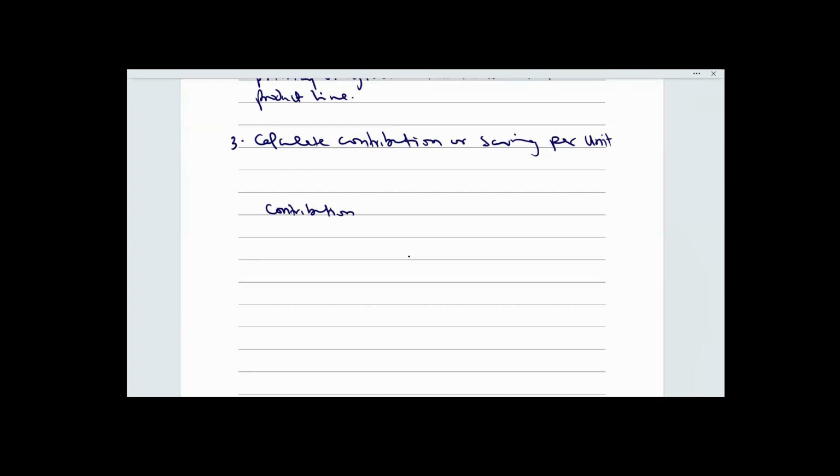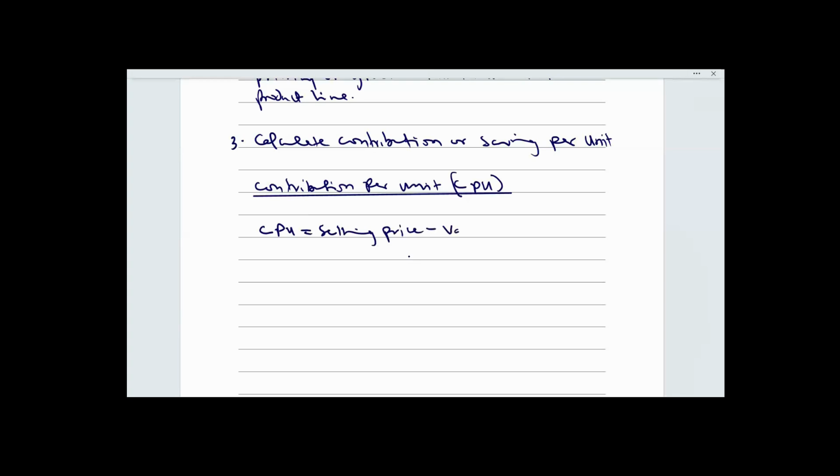Okay. Now, you then say contribution per unit. There are different ways you can calculate your contribution per unit, depending on the information available in the question. Say, for example, you are given selling price and variable cost, then you can say contribution per unit equals selling price minus variable cost per unit.